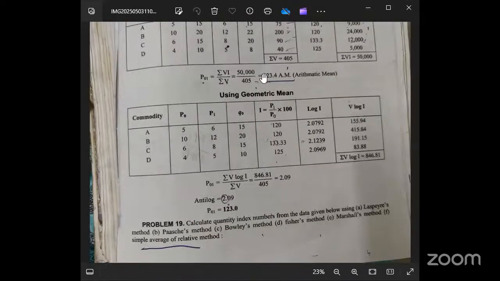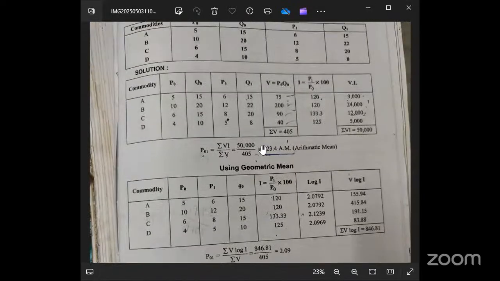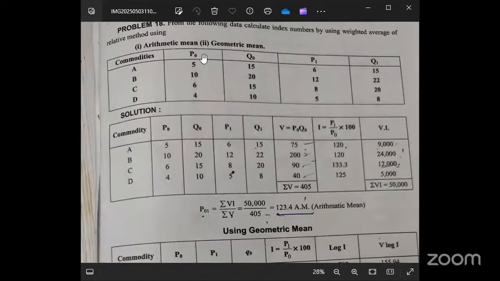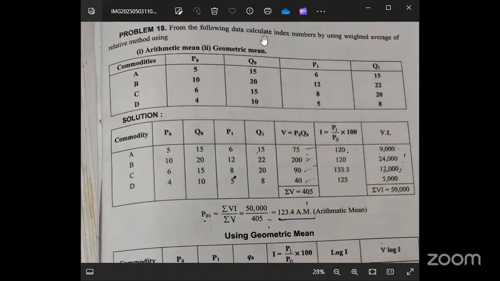So what is the method? From the following, calculate index numbers by using weighted average of relative method by using arithmetic mean and geometric mean.